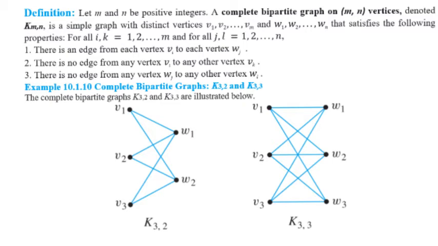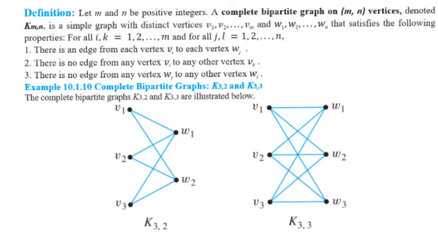There are three properties that a complete bipartite graph on m and n vertices should satisfy. The first one is there is an edge from each vertex vi to each vertex wj.